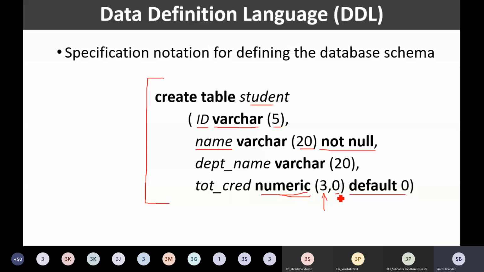So this is the precision. How many digits we would like to have after the decimal place? In this case, we do not want any decimal place. It is total credits. It is always the integer value. So we do not want actually the decimal places. And that is why we have mentioned here 0. Okay, fine. So let us proceed with the next.